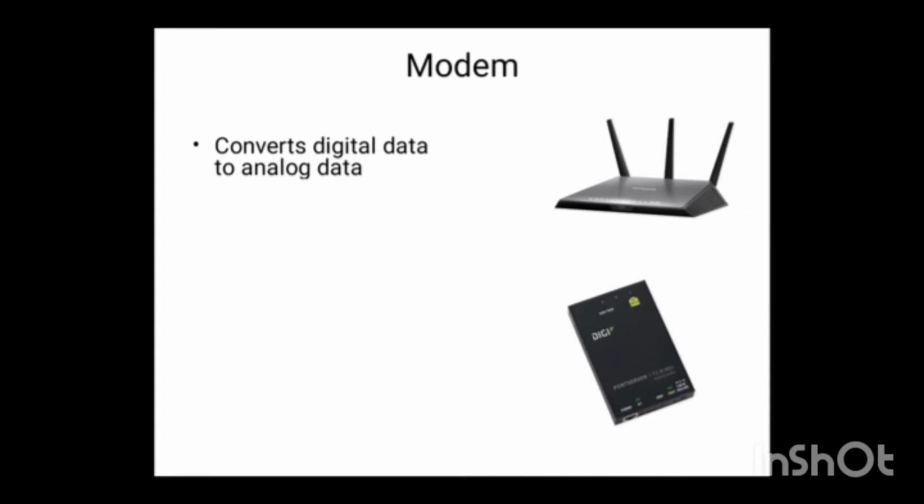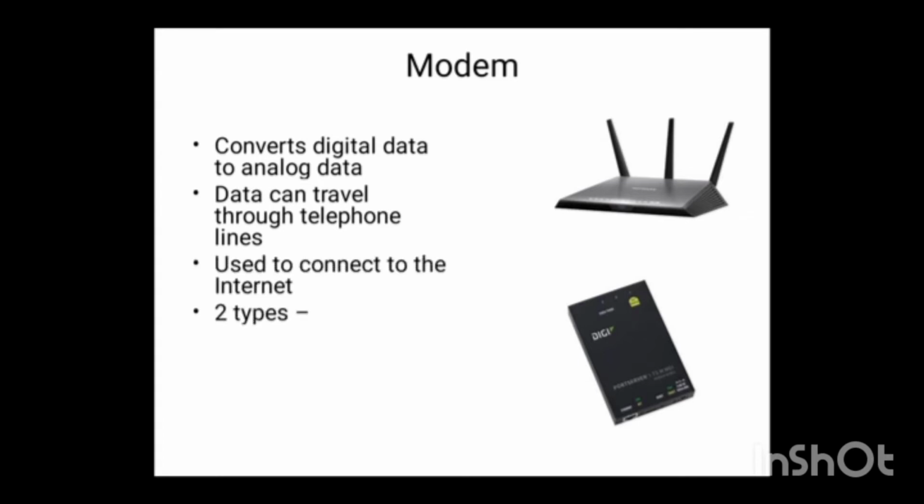Modem is a device that converts computer digital data into analog data which can travel through telephone lines. It is used to connect the computer to the internet. We can see two types of modems, that is internal modem and external modem. The first one we can see is external modem and the second one is internal modem.